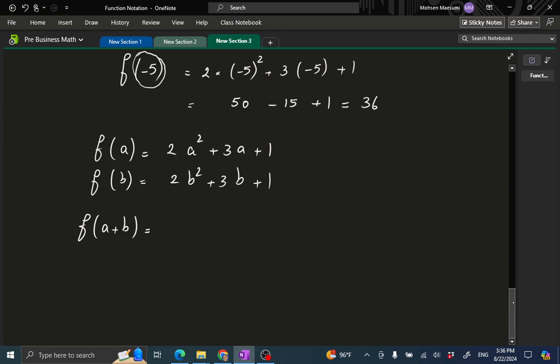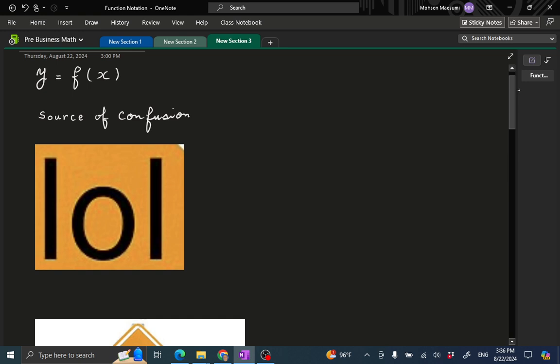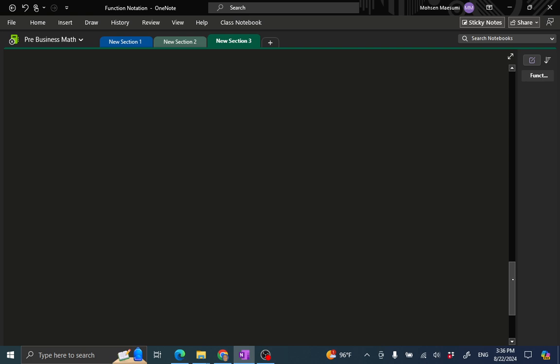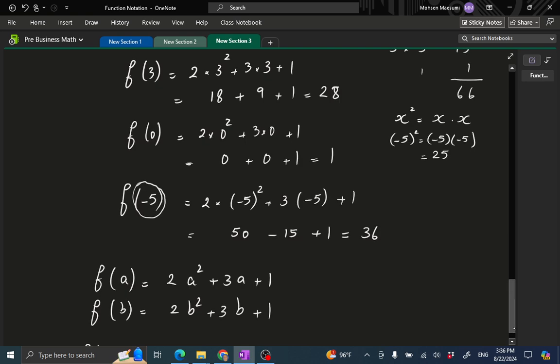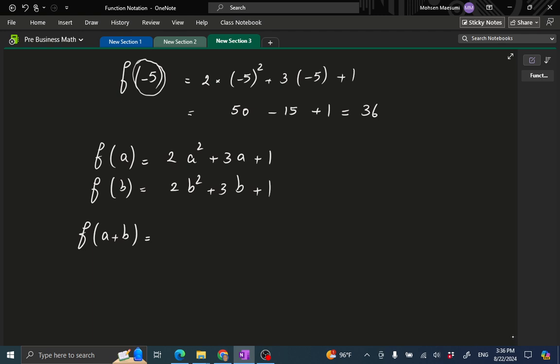So here what we are facing is what we faced here. If I see that, what does that mean? Is that the LOL, or is that somebody drowning? That is the challenge here, that first time that you look at this thing, you are going to have a bit of an issue. So remember that the function notation is something very new. It's not that middle school stuff.